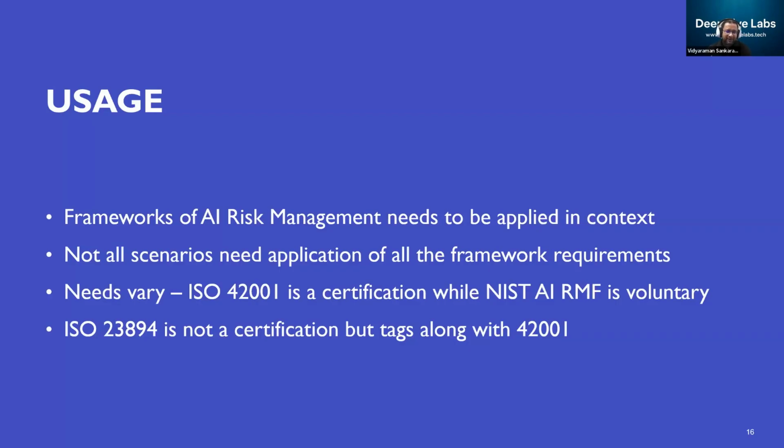The examples in that, and again, they are not comprehensive nor are they prescriptive. The examples there are relegated only to 23894, NIST AI RMF, and 42001, and SR 11, of course. But that is not holistic as well. So it is just something to be put in context before we actually go ahead and try to see what the usage criteria is.